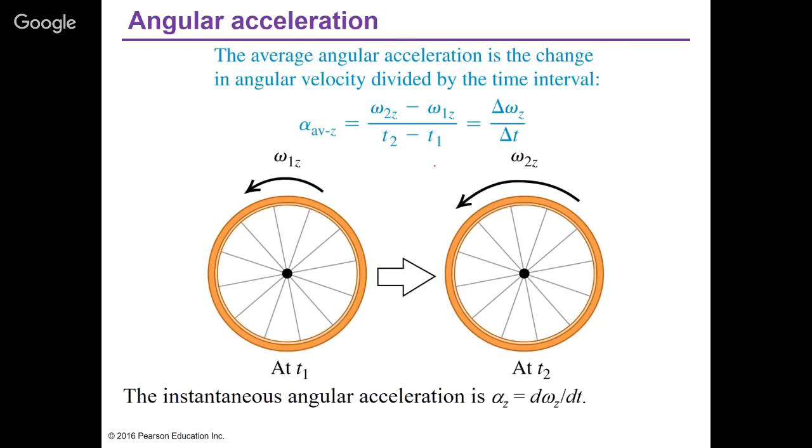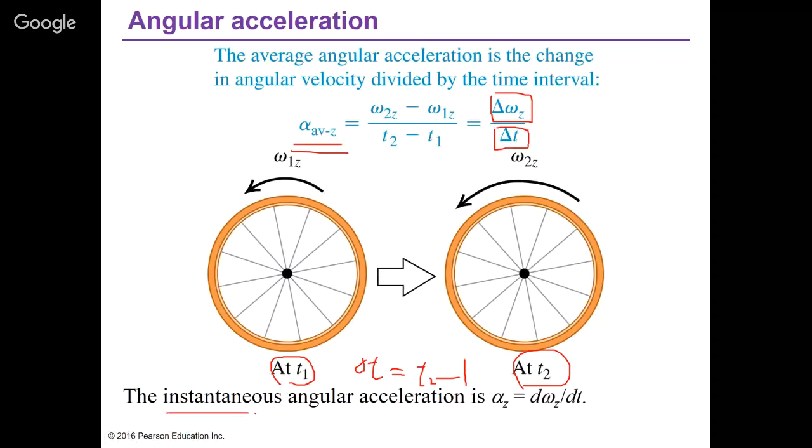as linear acceleration. From time t1 to time t2, in the time interval delta t, equal to t2 minus t1, the angular velocity changes from omega 1 to omega 2. That change, delta omega, divided by the time interval delta t, is the angular acceleration. This is the same way that we define acceleration for velocity.